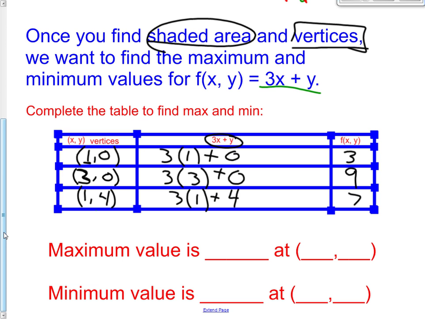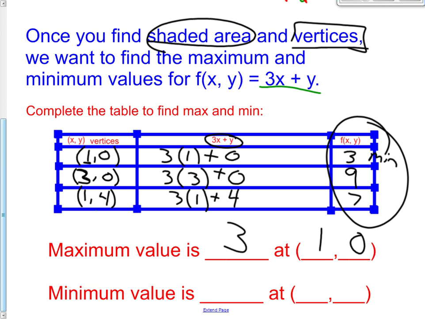So we get these three numbers on the right, and these are what we pay attention to for our maximum and our minimum. Our minimum value is the number 3. Here's our minimum. It lies at 1, 0. It's that ordered pair right there. Rats! I'm making mistakes all over the place!